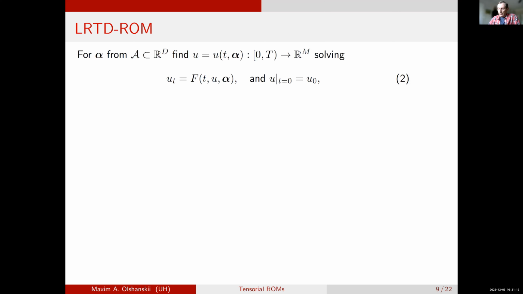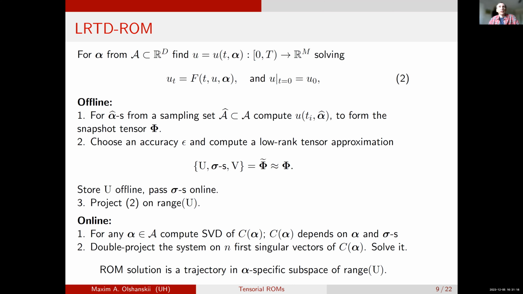So the whole process of model order reduction looks like the following. This is again our dynamical system. We sample parameters, same as for POD. We choose a desired accuracy, how much information we want to keep doing low rank approximation.